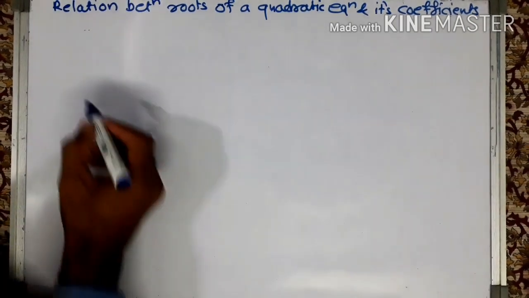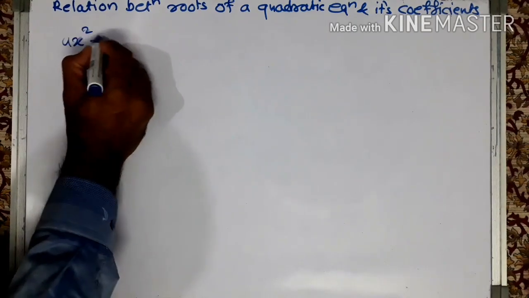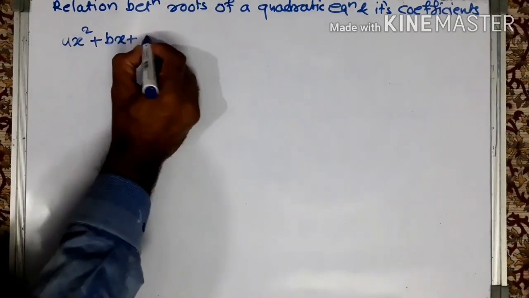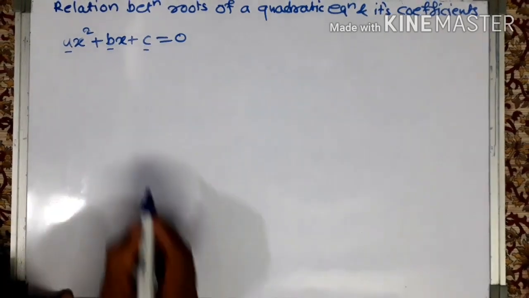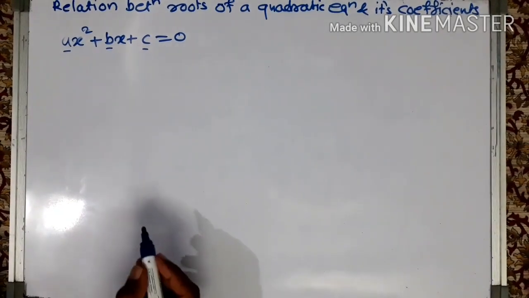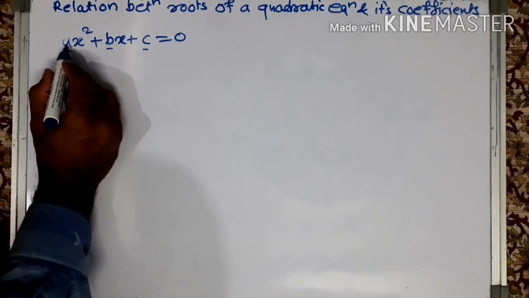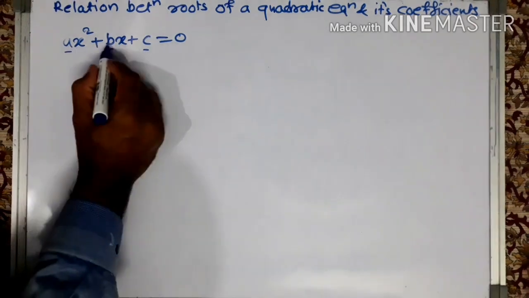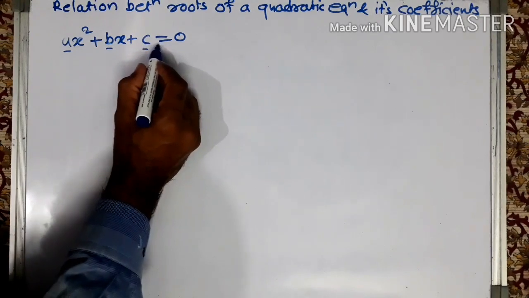Let us consider the standard form of a quadratic equation: ax square plus bx plus c equals 0, where a, b, c are the coefficients and these coefficients are any real numbers, where a is not equal to 0. a is the coefficient of the quadratic term, b is the coefficient of the middle term, c is the coefficient of the constant term.